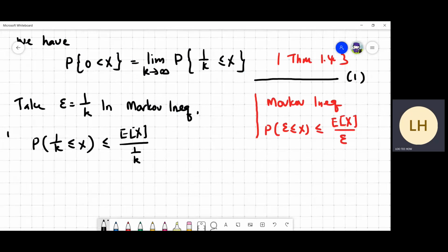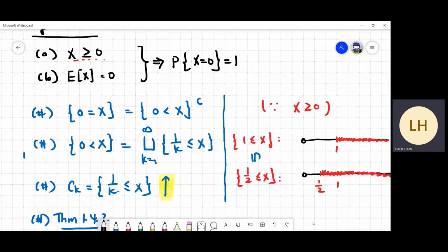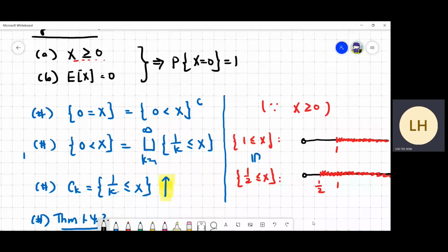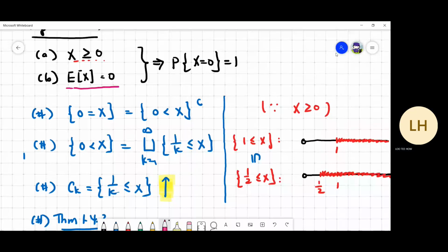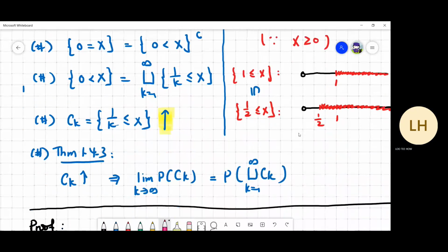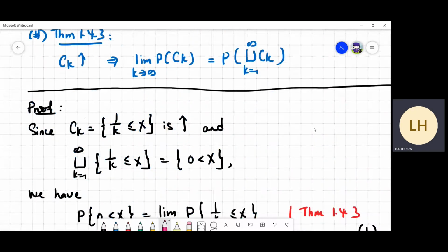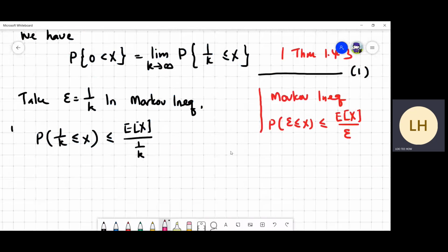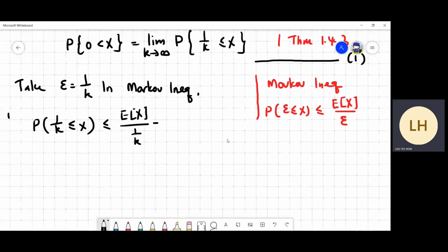Next, we go back to our hypothesis. From our hypothesis, E of x is always equal to 0. The mean is always equal to 0. So then from here, this is always equal to 0.